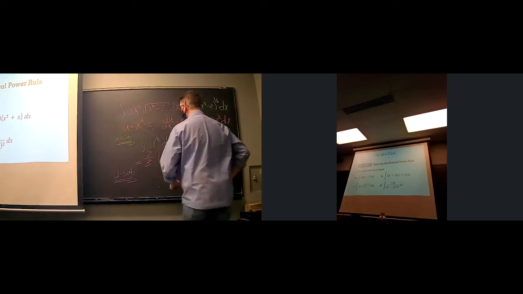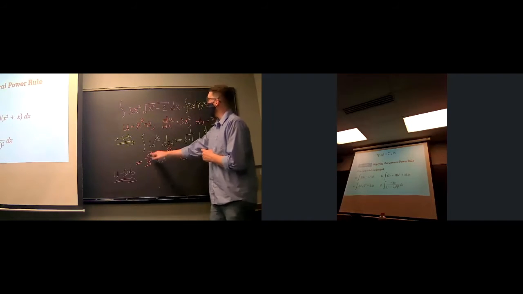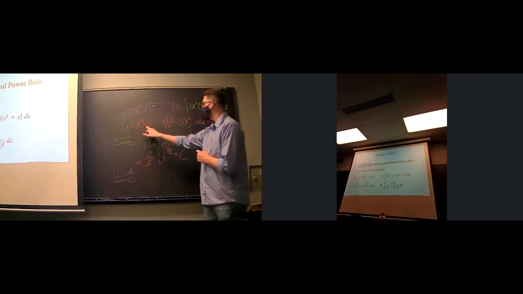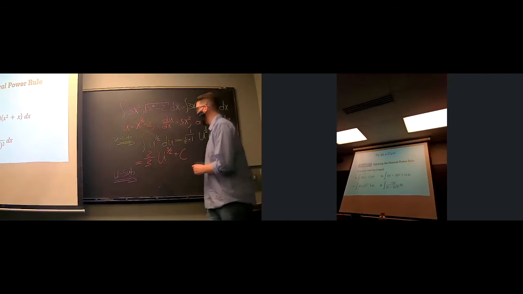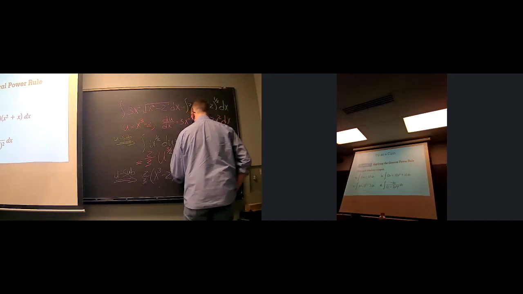So when we substitute u back in, we're going to now plug in x cubed minus 2 back into u. What we get is 2 over 3 x cubed minus 2 raised to the 3 over 2 plus a constant.